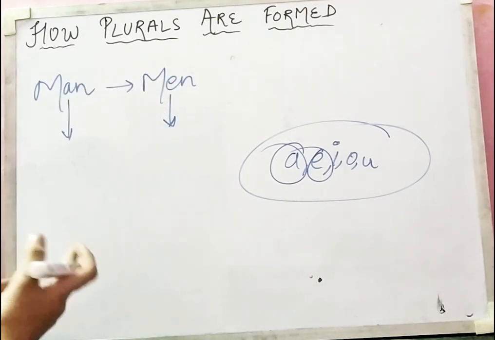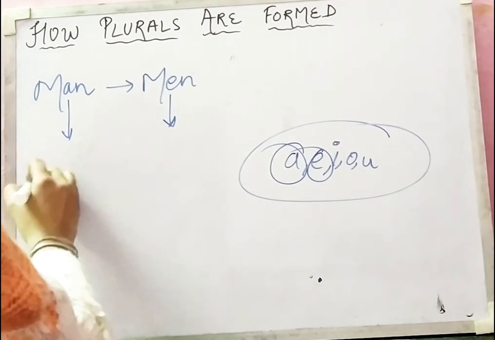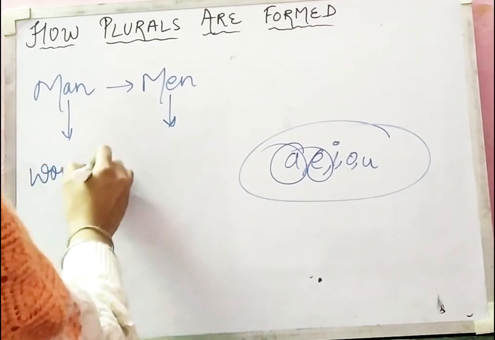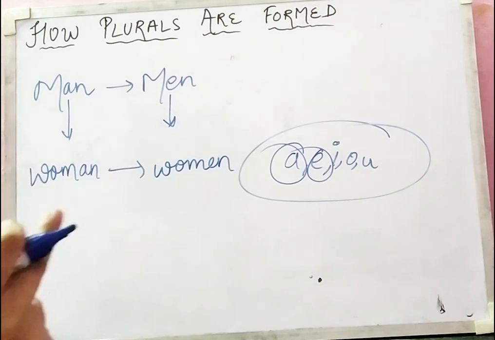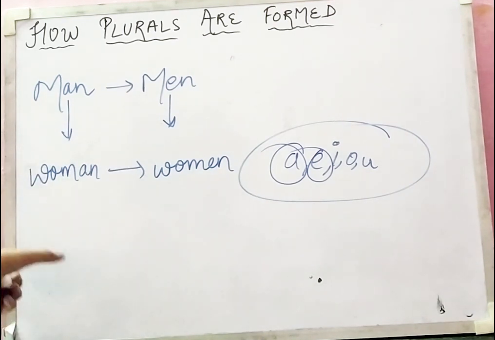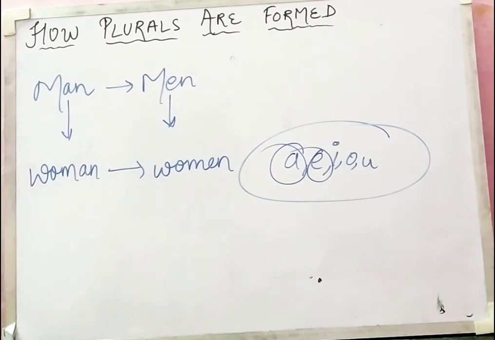Similarly, we can take one more example also, like woman and women. Here the pronunciation is, you will not say woman, woman. This is not a correct pronunciation.